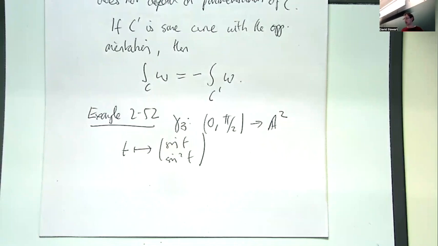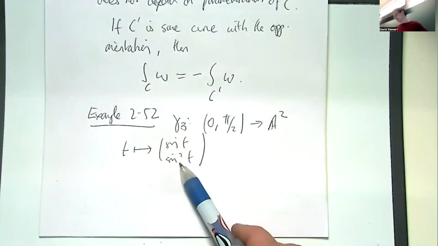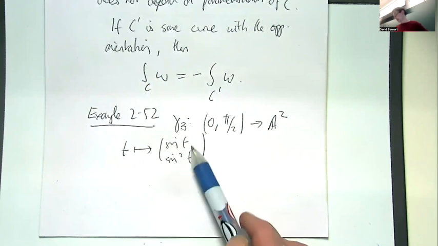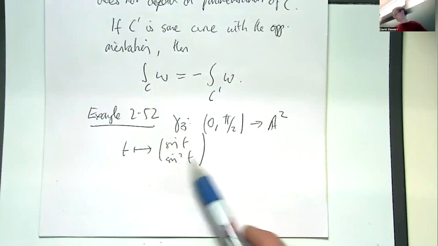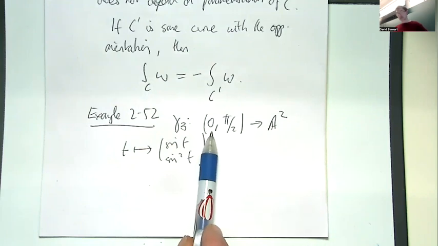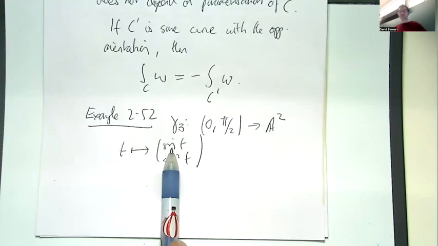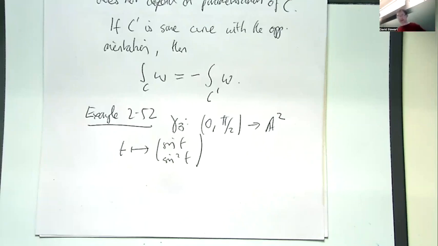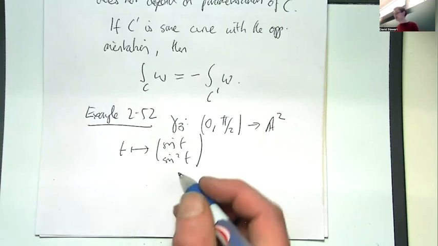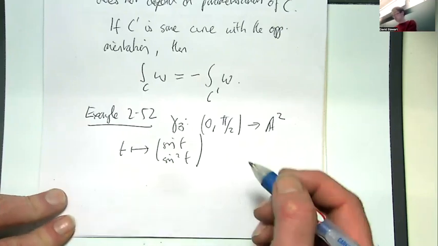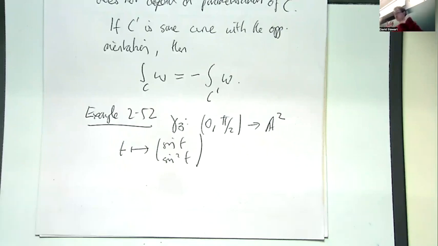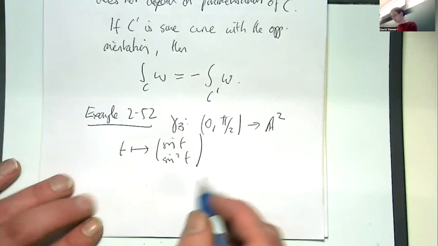If you remember the original equation, it was just a parabola with the property that y is equal to x squared, which is still true here. And as this interval goes from 0 to pi over 2, sine will go from 0 to 1. So it does give you exactly the same curve. We want to know that the integral is not going to change in this case. So we'll do exactly the same thing as before: differentiate, apply the one form, and integrate.